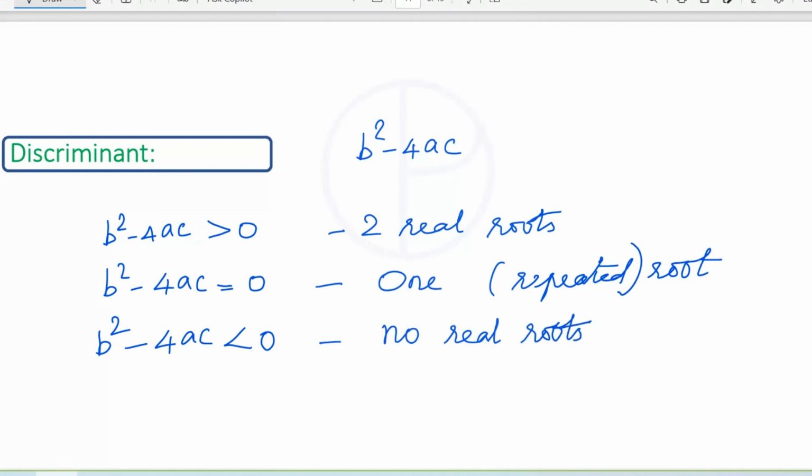So in the question, if it is given the quadratic has two real roots, then you need to take b squared minus 4ac is greater than 0. Or if the clue is given as the quadratic has no real roots, then you have to take b squared minus 4ac is less than 0.